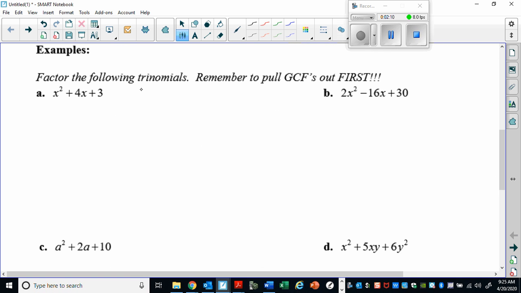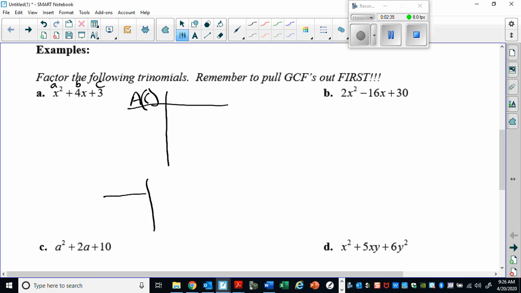First thing you're going to do is remember that this is term A, this is term B, this is term C. To solve this, you're going to do A times C. So here is going to be A times C. That's what's going to go there. So I'm going to draw this over here.